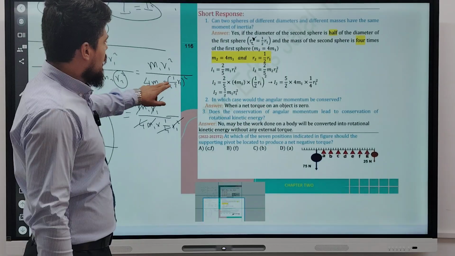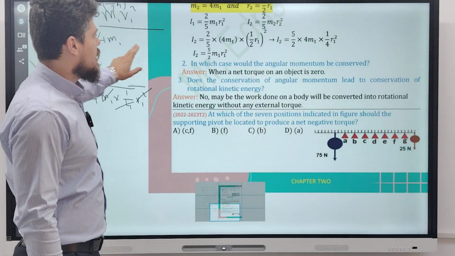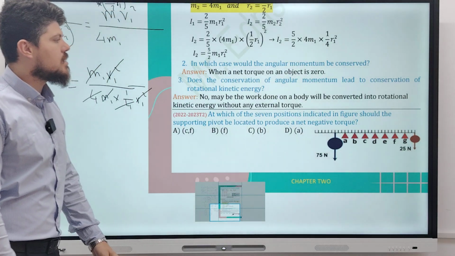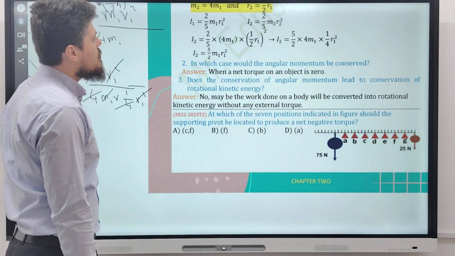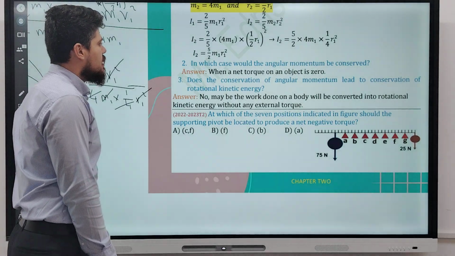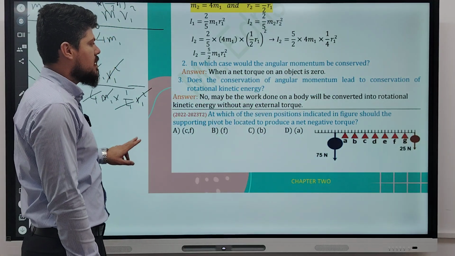In which case would the angular momentum be conserved? When the torque on an object is 0. In that case, the angular momentum becomes conserved. Does the conservation of angular momentum lead to conservation of the rotational kinetic energy?